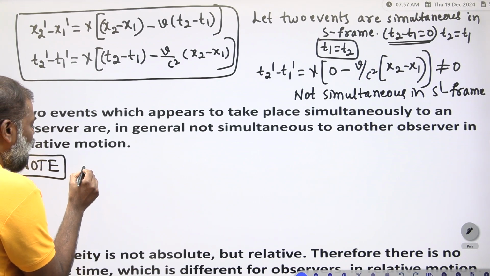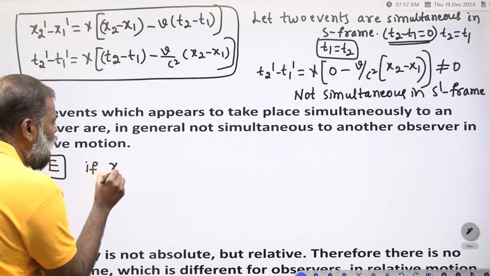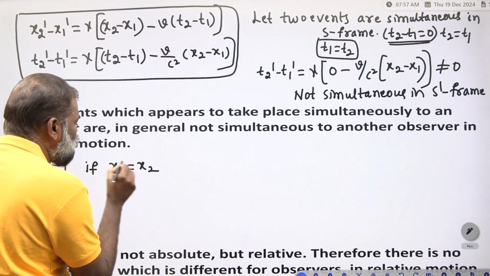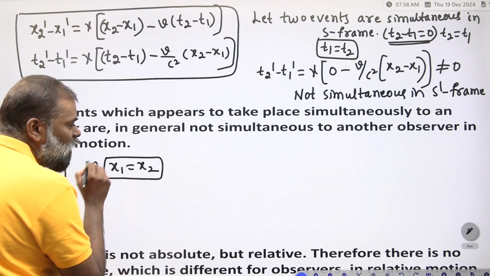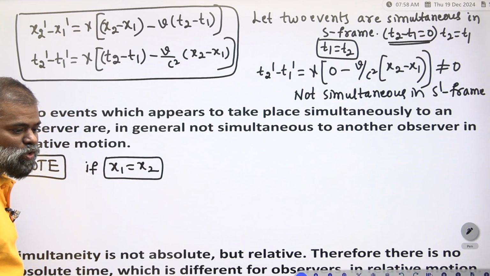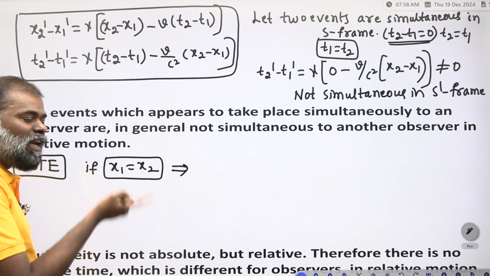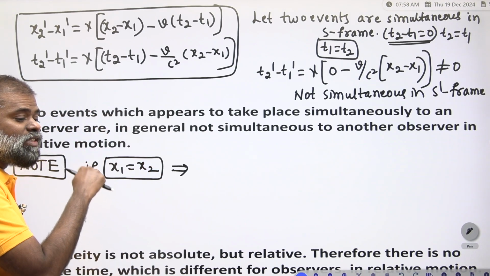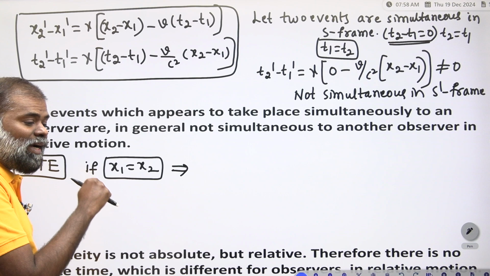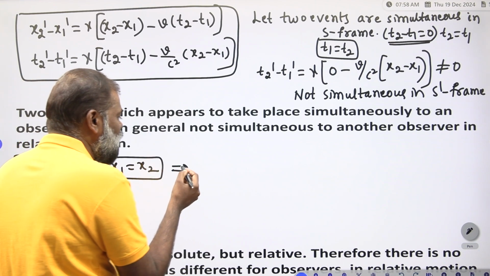Let us consider if x1 is equal to x2. If x1 is equal to x2, then what do we call those events? We call them co-local events.